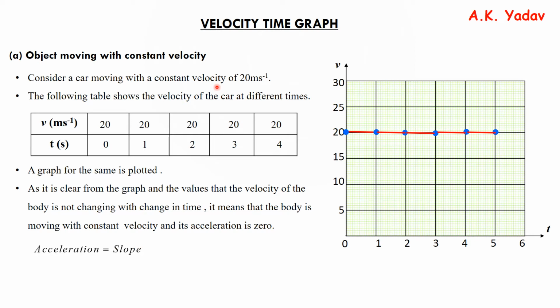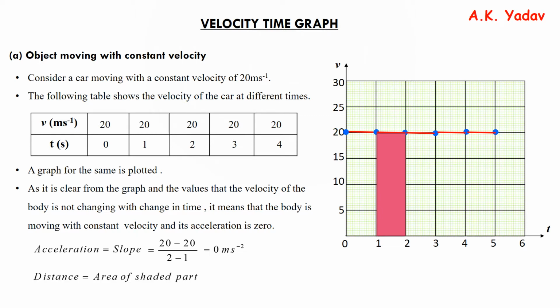Acceleration is equal to the slope, which is 20 minus 20 upon 2 minus 1, which is equal to 0 meter per second square. We can also find the distance covered by the body. Distance is equal to the area of the shaded part, which is 20 into 2 minus 1, which is equal to 20 meters.